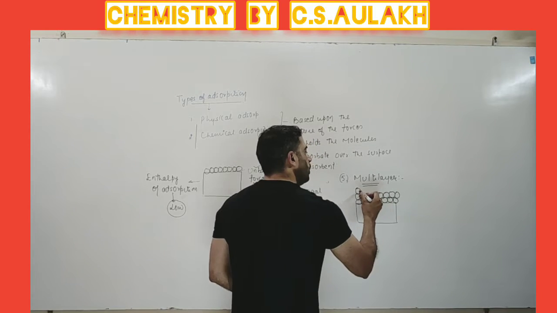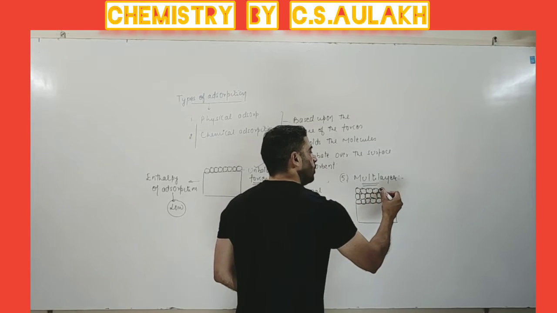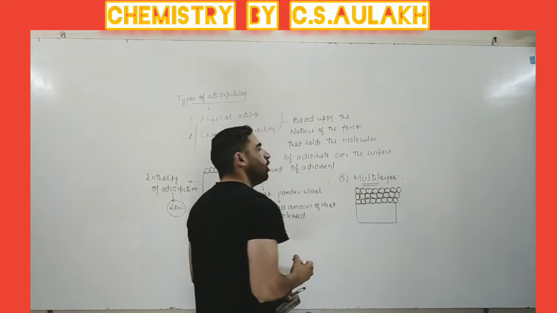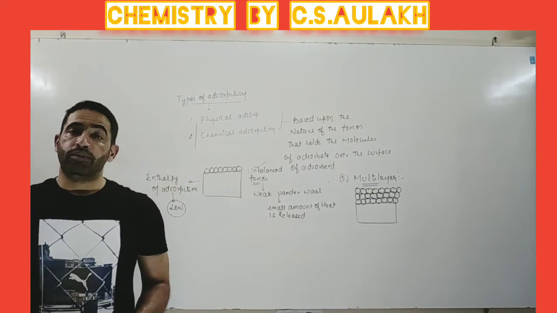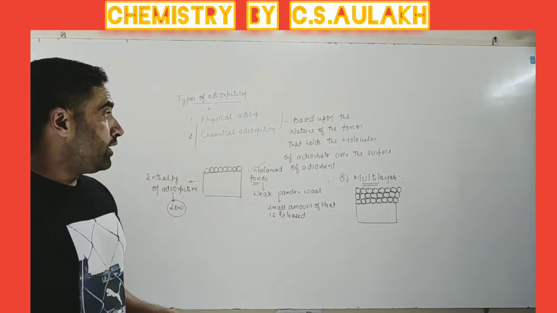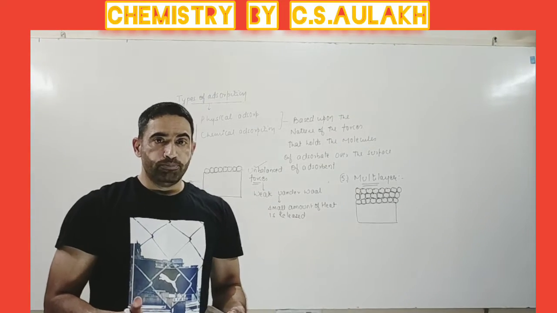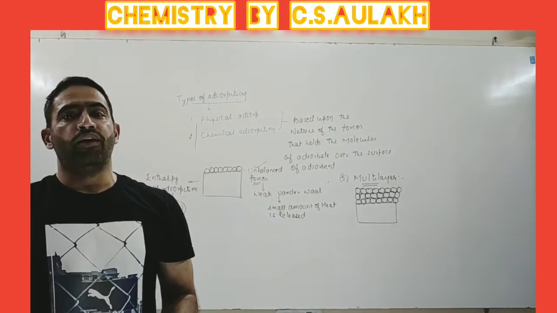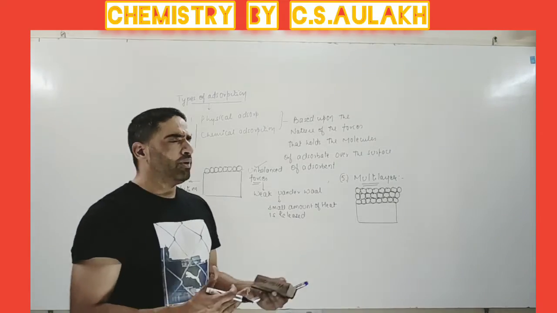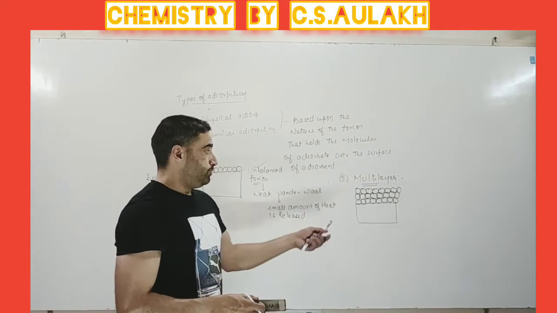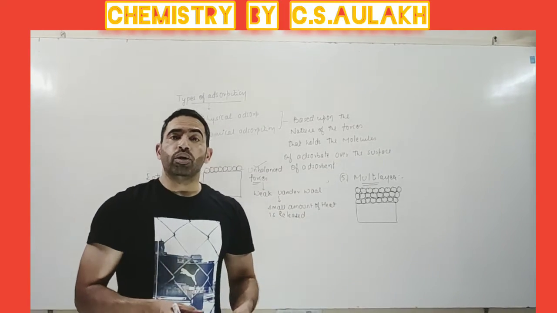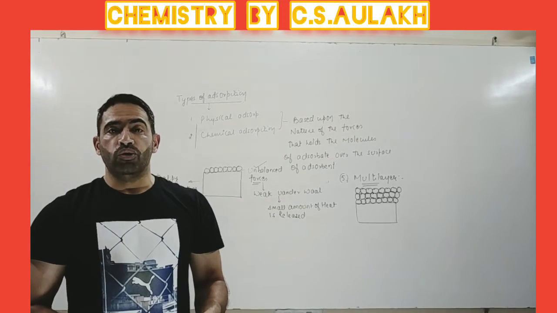We can draw a number of layers of the adsorbate molecules over the surface of adsorbent, because there is not any particular type of reaction between the adsorbate and adsorbent in case of physical adsorption. So that's why the unbalanced forces can hold the molecules of adsorbate in different numbers of layers.